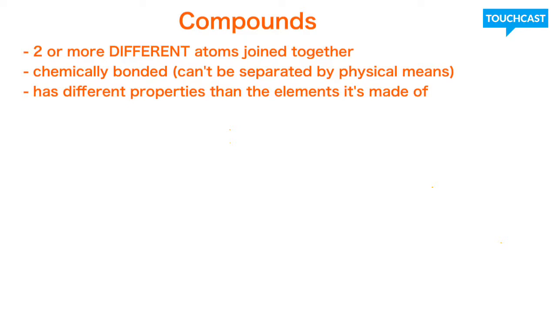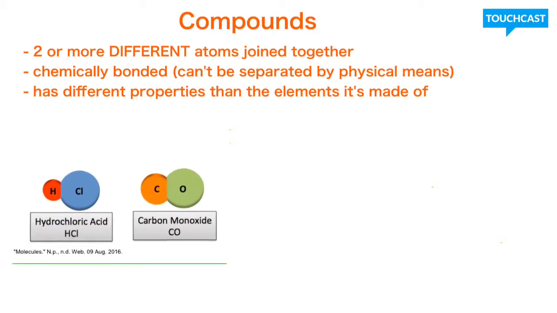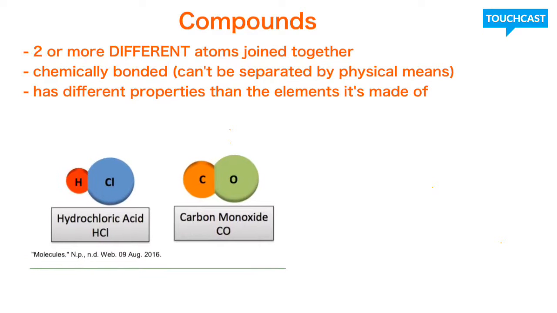Finally, we will be looking at something called compounds. Compounds are two or more different atoms joined together, but like molecules, they are chemically bonded, so they cannot be separated by physical means. And with compounds, they have different properties than the elements they're made of, because as opposed to being the same, they are different. In this case, here are some examples. Hydrochloric acid, which is hydrogen and chloride bonded together.